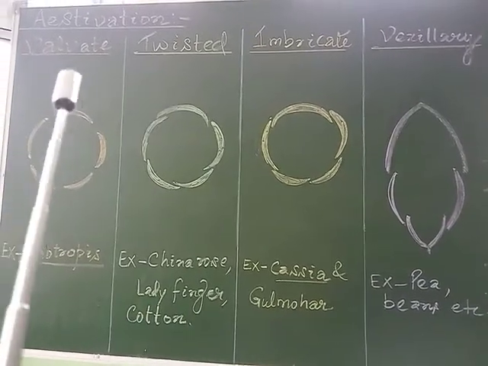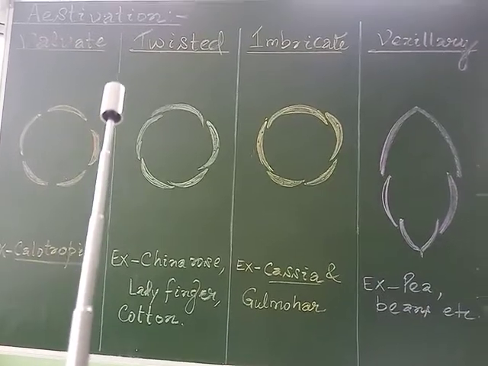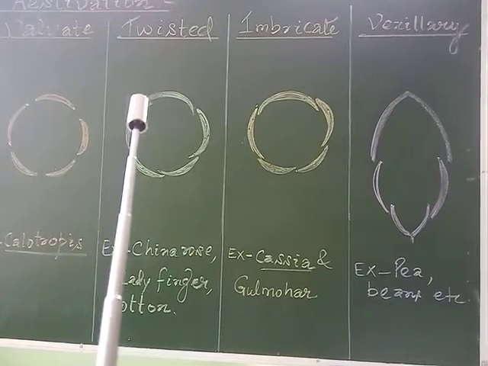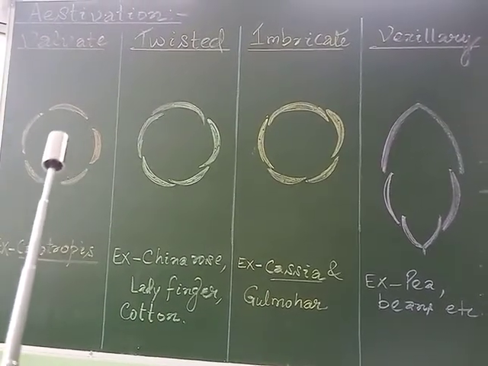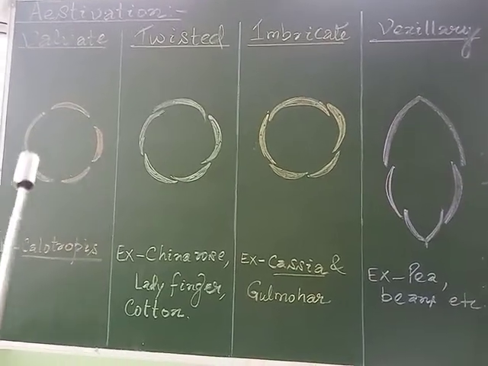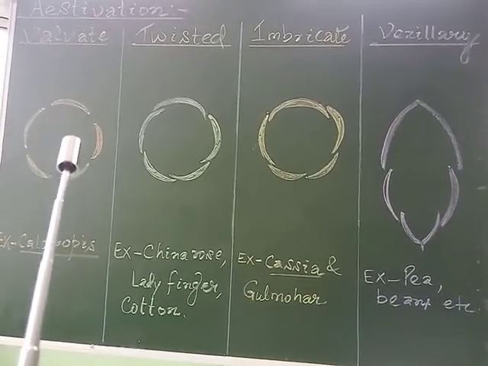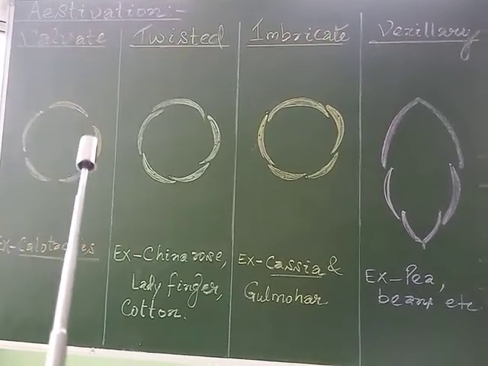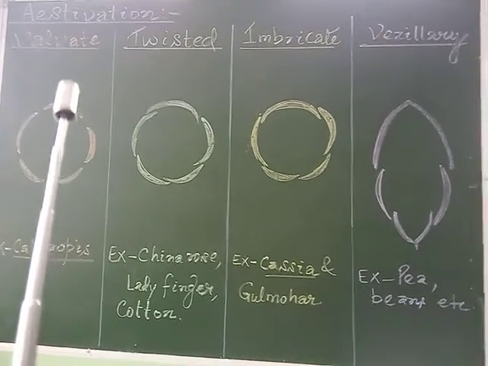Meaning, if you are considering the sepals, how the sepals are arranged with respect to other sepals, or if you are considering the petals, how the petals are arranged with respect to other petals in the flower bud, is called estivation.